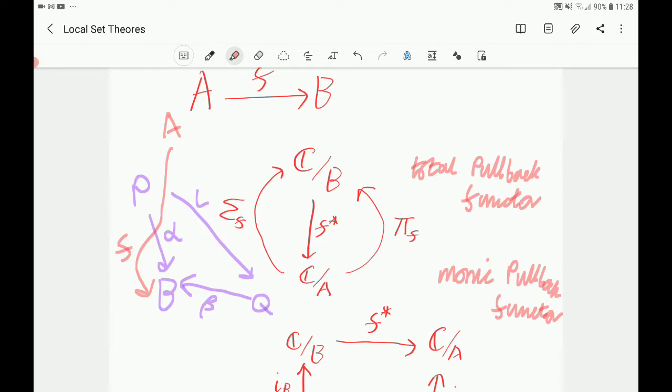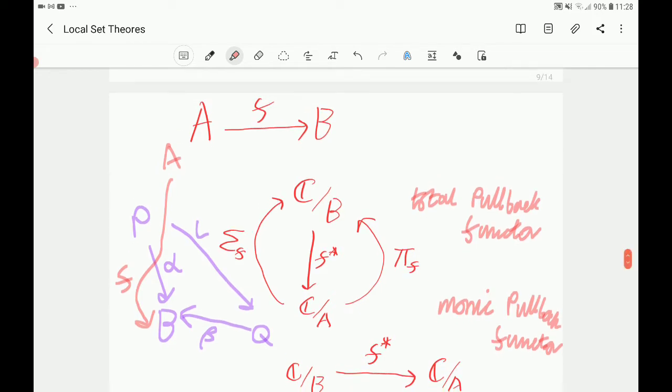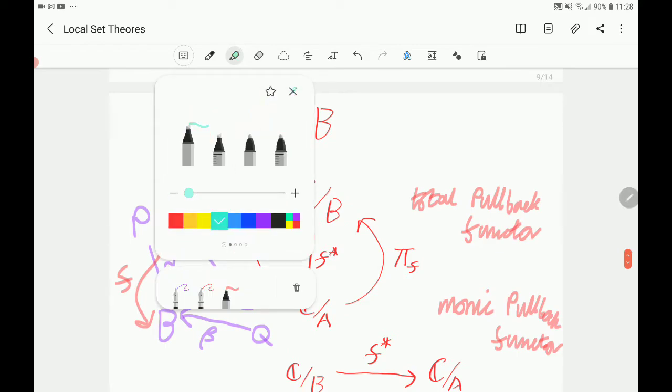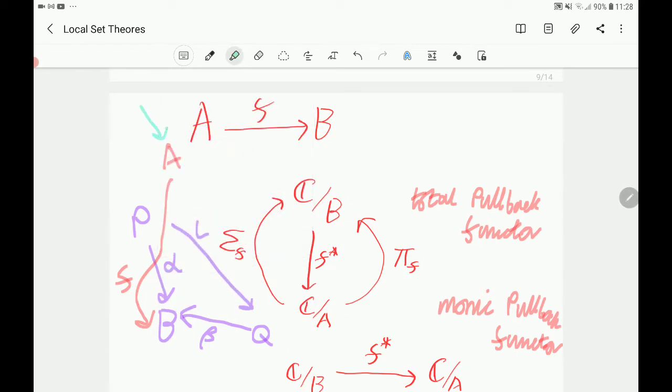So if we pull back alpha and we pull back beta, that's fine. We get new objects in C slice A, the pullback of alpha along f and the pullback of beta along f. For example, for the pullback of alpha, we get something like this, and this will be our new arrow.